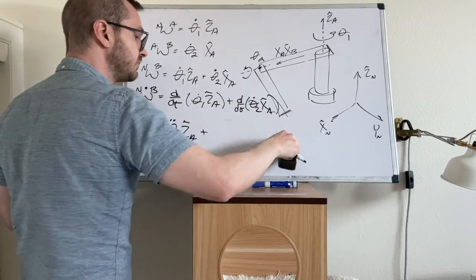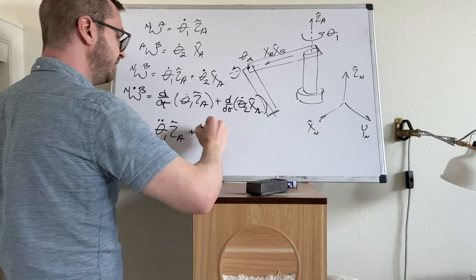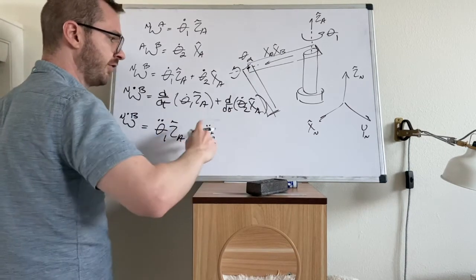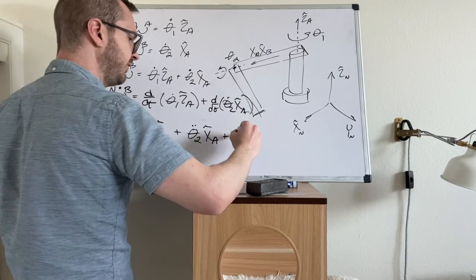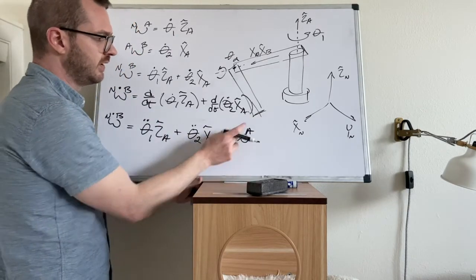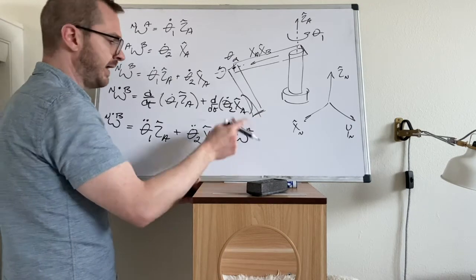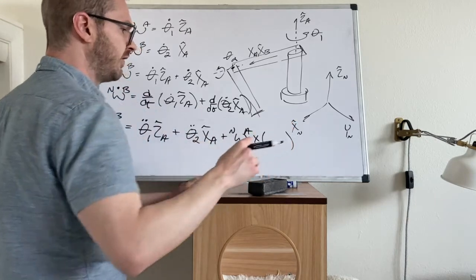So this is d/dt of the theta 2 dot, which is going to yield theta 2 double dot X hat A, and then we have to say plus, and I'm going to write the transport theorem for this one. Since we're going to be taking d/dt of X hat A, that means we need omega N to A. So it's omega N to A cross, and then what goes inside of the cross product?